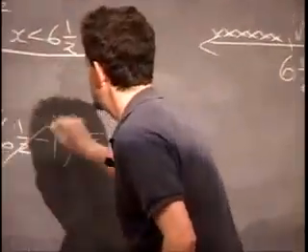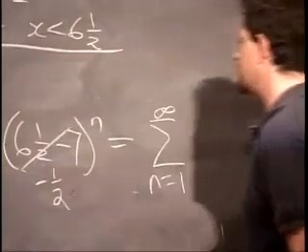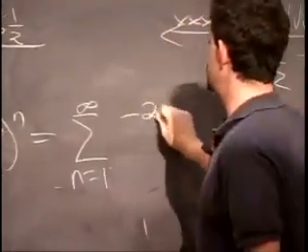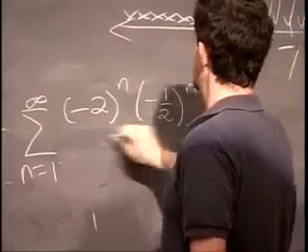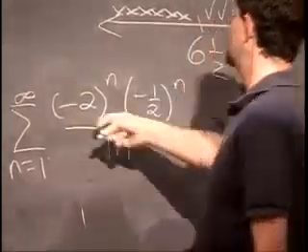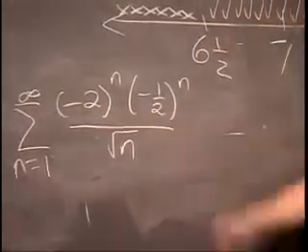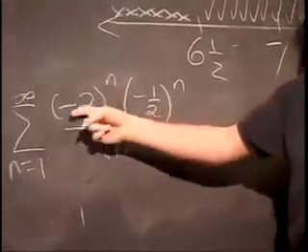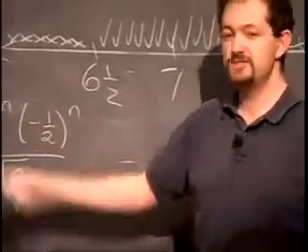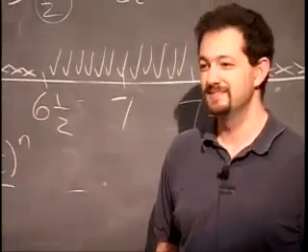Another way of writing this is minus 2 to the n times minus 1/2 to the n over root n. Well, a to the n times b to the n is just ab to the n, so you can multiply the minus 1/2 and the minus 2 and get 1.